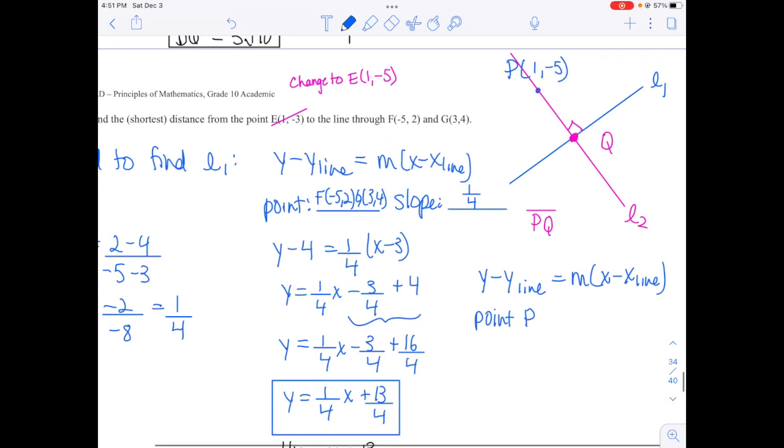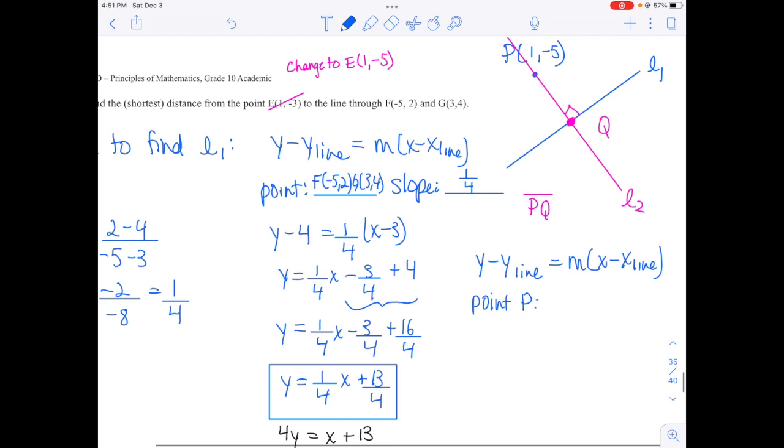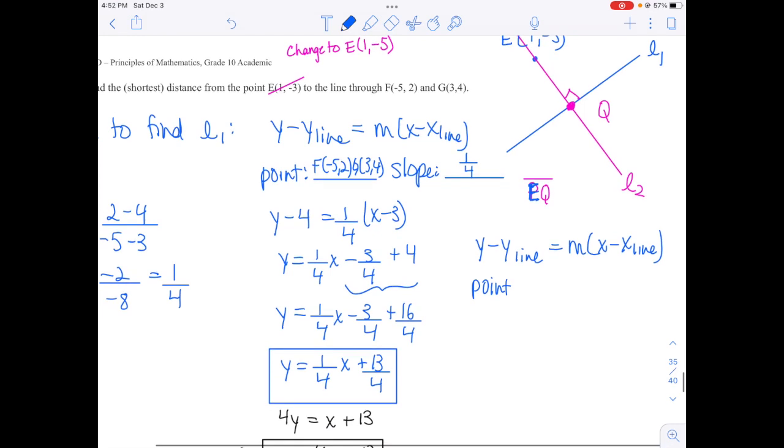I called it E. Maybe I can write it like this, just to make it less confusing. We're going to call this E, and we're going to change this guy here to E. So in the end, we want EQ.